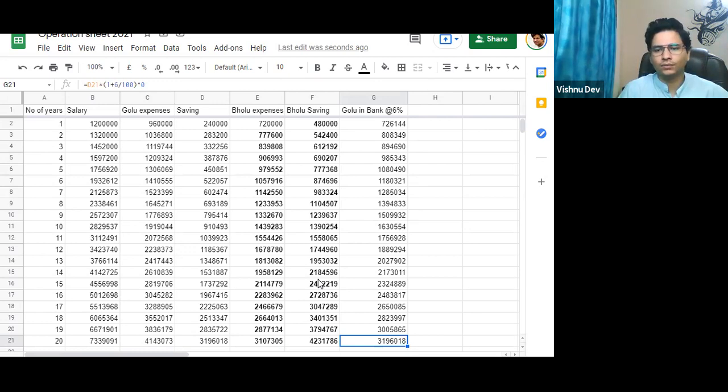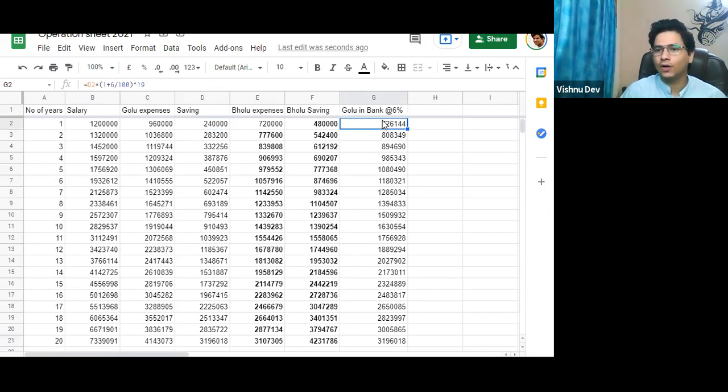Now, if he needs money after 20 years, so he can save the money for how many years? For 19 years? Yes or no? He can keep the money to grow for 19 years. So this 2.4 lakh will grow at the rate of 6% per year for 19 years.